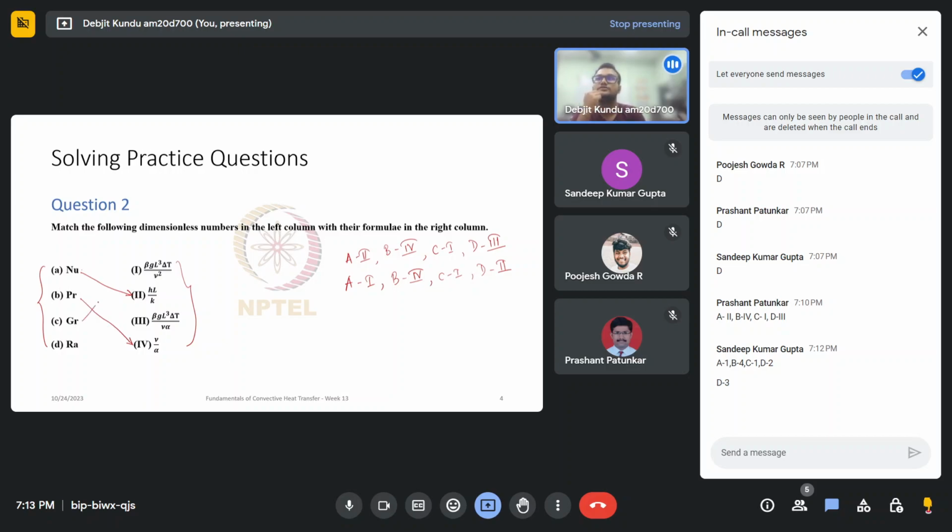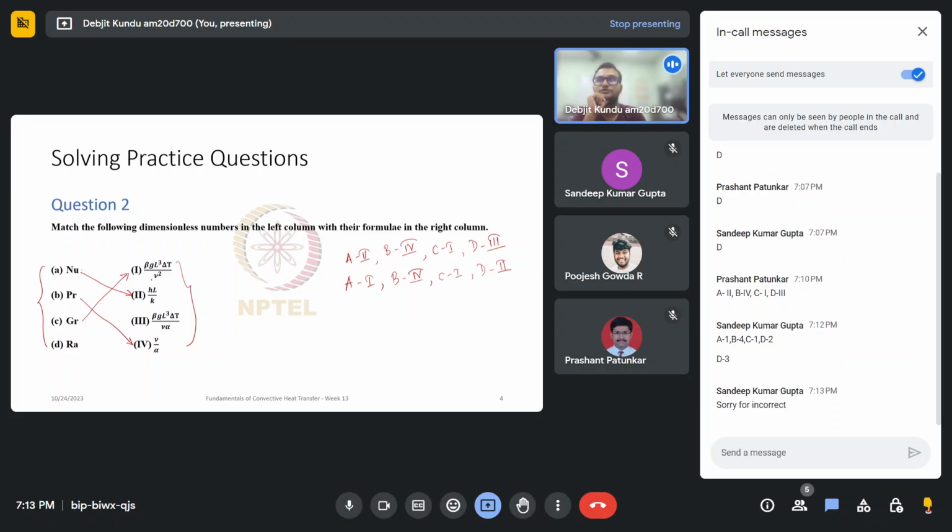Then Grashof number is this one, which is the ratio of the buoyant force to the viscous force. The buoyant force is dependent on βgL cubed ΔT, and the viscous force depends on nu squared. And Rayleigh number is simply Grashof number into Prandtl number.